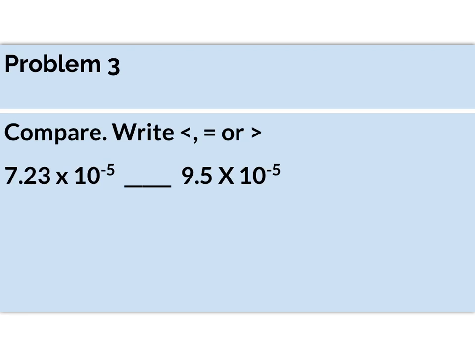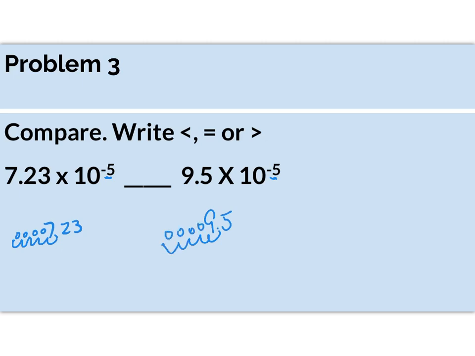Okay, which one is bigger? 10 to the -5, 10 to the -5. Now be careful when you're dealing with negative exponents. So what I'm going to do is actually write this out. So 7.23 goes 1, 2, 3, 4, 5, 6. And 9.5 goes 1, 2, 3, 4, 5.